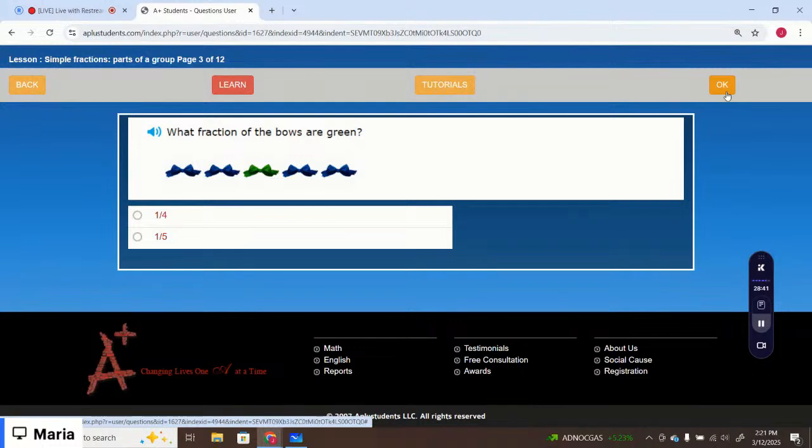What fraction of the bows are green? That is 1 out of 5 because the total of them is 5. Only one of them is green, so 1 out of 5.